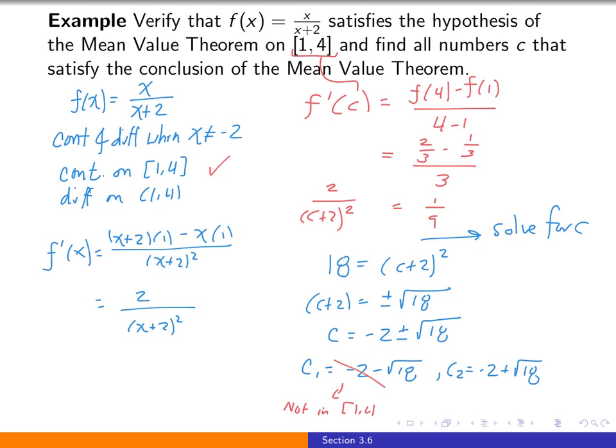So what that means is the other number has to be in the interval because we're guaranteed such a number exists. And if we plug this into a calculator, it's approximately 2.24. So we see, yeah, this is in the interval from 1 to 4.